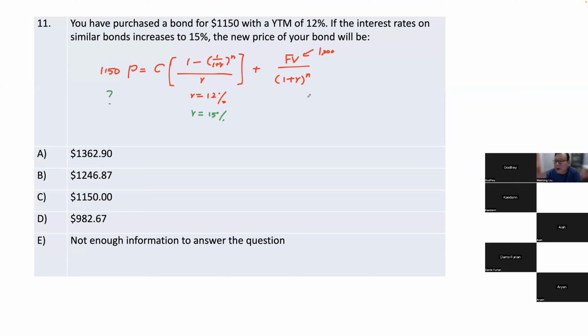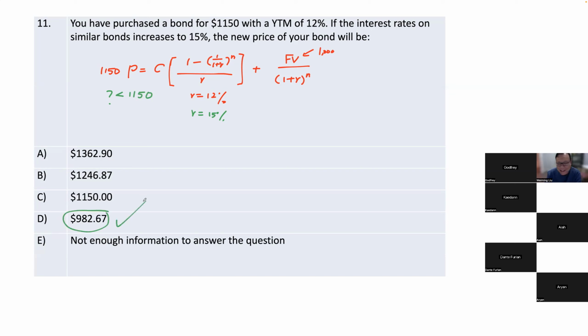Yes, Monica, you are absolutely right. The price should be lower. Yeah, the price should be lower because your interest rate is higher. So your price is lower. So this for sure is less than 1150. And then you just guess, right?